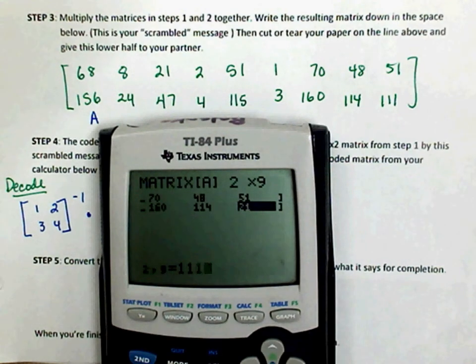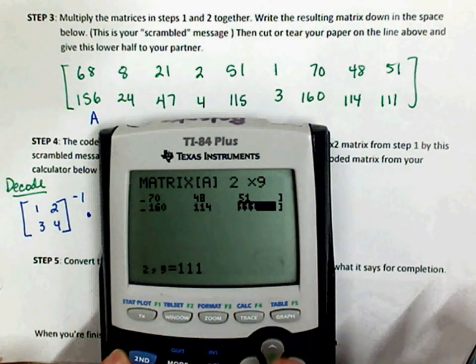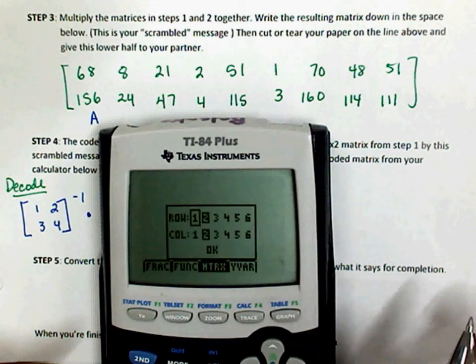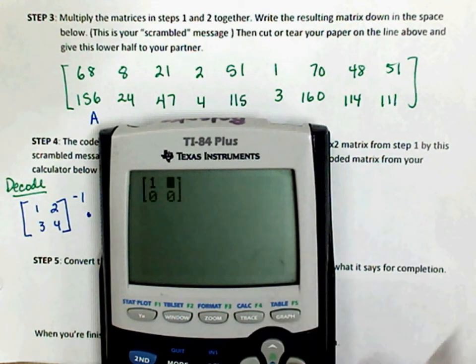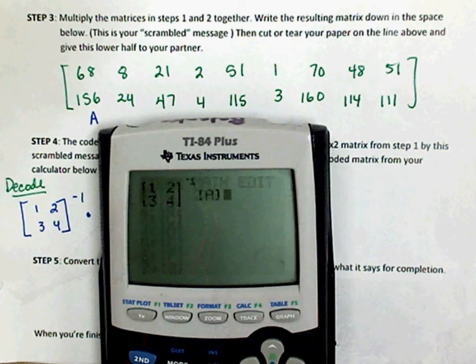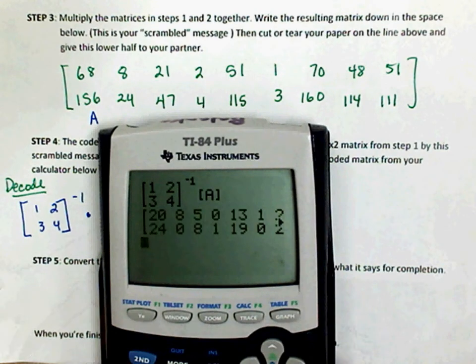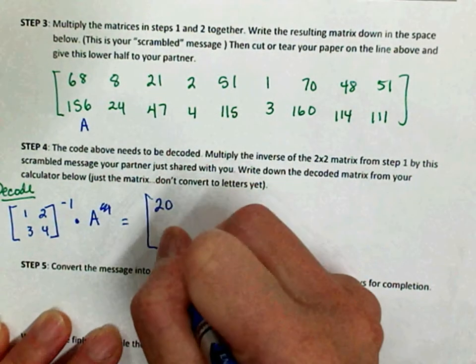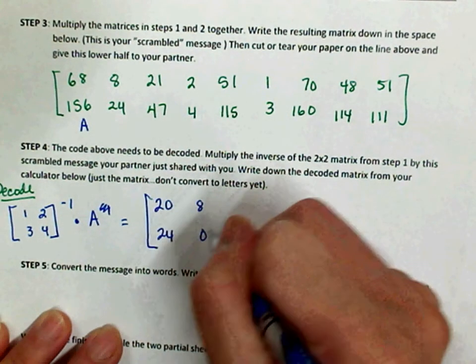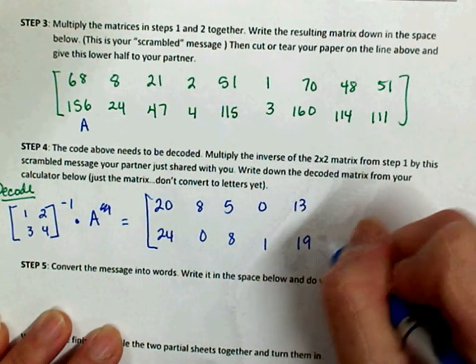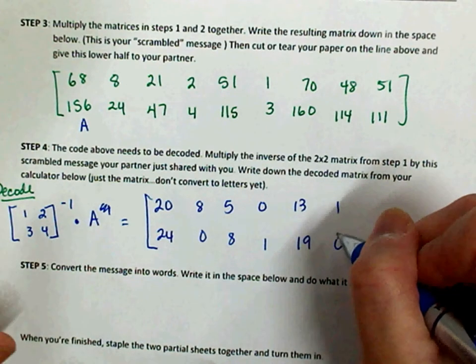So notice I have it in there, so I'm going to second quit to get out of that. Now I'm going to take the inverse, alpha zoom, 2 by 2, right click. When you do alpha zoom, go to the inverse button, second matrix, I have left it in 1, and I multiply. Do you see that right there? Okay. So I am decoding, so I'm going to write that down. 20, 24, 8, 0, 5, 8, 0, 1, 13, 19, 1, 0, right click over, 20, 25, 18, 15.